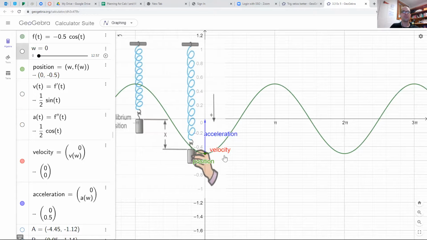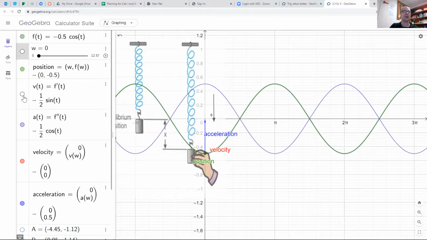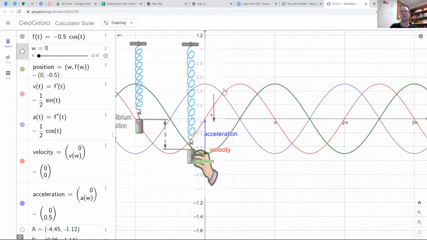And those arrows are based off of the height of each one of these functions. So we've got velocity in red. Notice that it's at a height of 0. And we've got acceleration in blue. Notice that it's at a height of, I guess, 0.5 here. So 50 centimeters per second upwards.